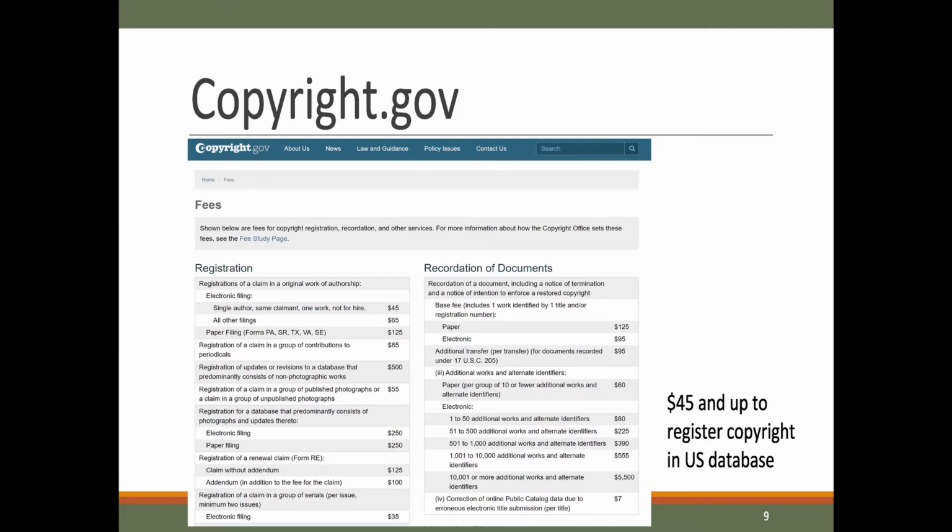I don't recommend doing that. Why not? Because it costs you money, and because the registry is not complete. Because you already own copyright, even if you don't register it. If somebody searches this database, it's not going to find most of the stuff that actually is copyrighted. Awkward.